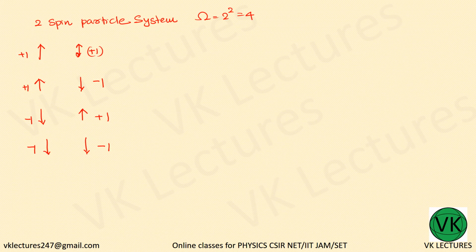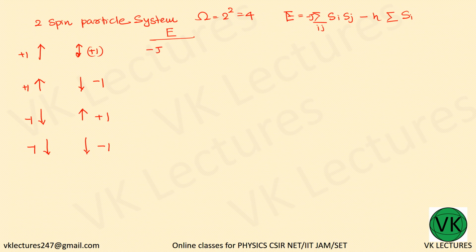Now the energy E is equal to minus J sum over ij Si Sj, minus H into sum over Si. Let us write down E. Minus J into Si Sj.